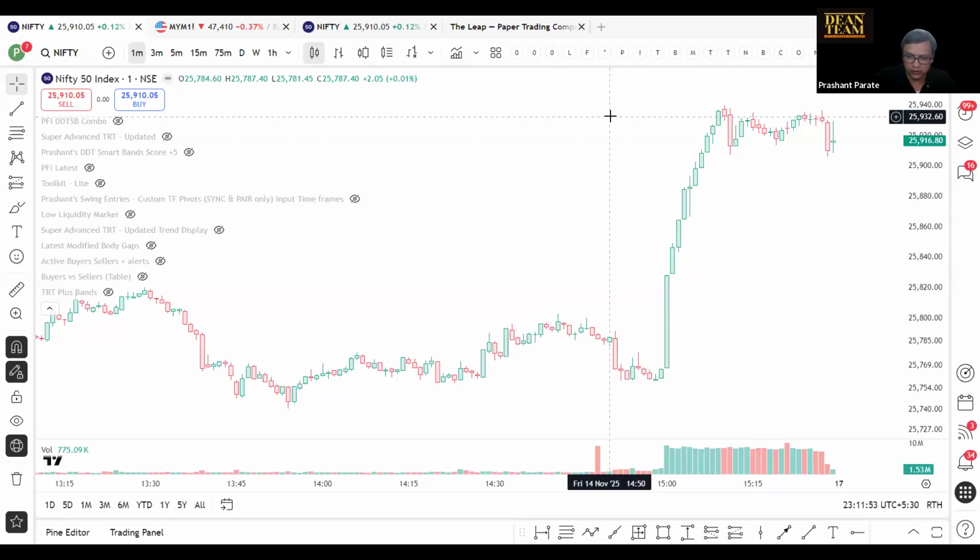And in the first session we described different bases and the Minervini concept. We have discussed the Wyckoffian concept of accumulation, markup, distribution, all those things.